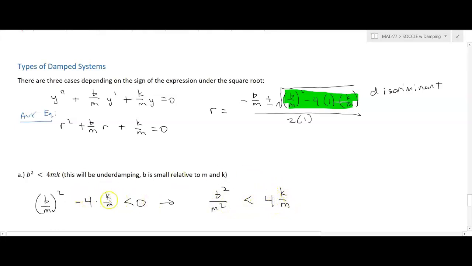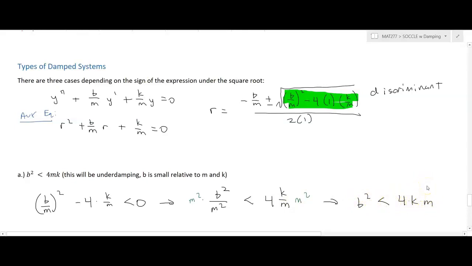If you multiply both sides of an inequality by a positive number, such as m squared, it's not going to change the sign of our inequality. The masses will cancel out, and that leads me to b squared has to be less than 4 times k times m.